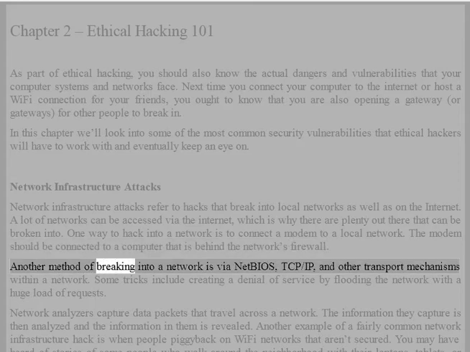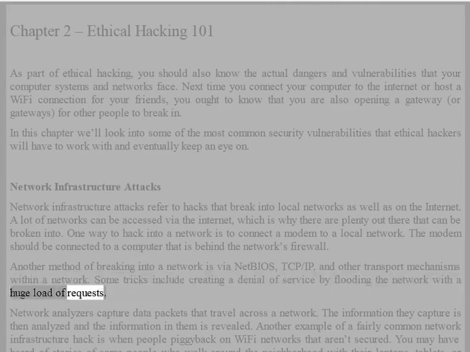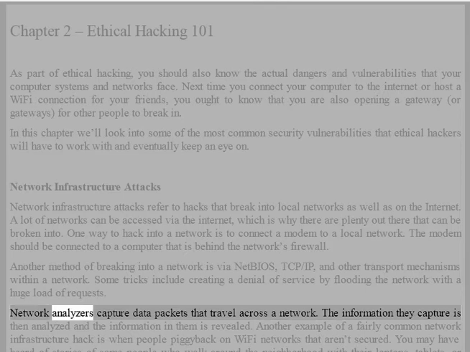Another method of breaking into a network is via NetBIOS, TCP/IP, and other transport mechanisms within a network. Some tricks include creating a denial of service by flooding the network with a huge load of requests. Network analyzers capture data packets that travel across a network.